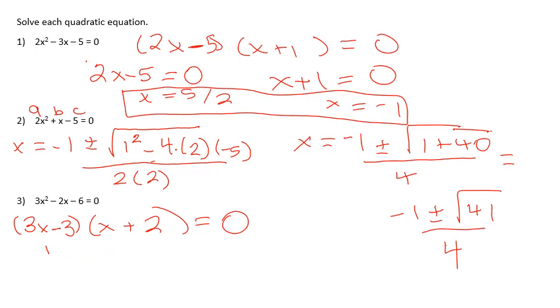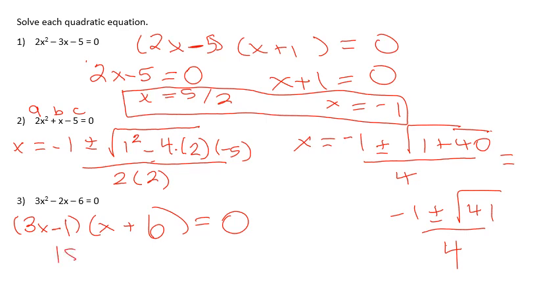So let's erase that. That doesn't work. Let's try flipping the 3 and the 2. That makes 9x minus 2x. That does not make minus 2. Nope. So then my other option is to try another factor of 6. So let's try 6 and 1. Plus 18 minus 1, that does not make negative 2.